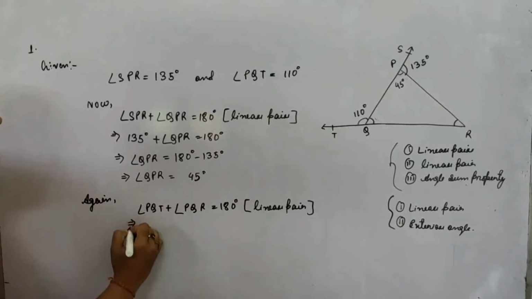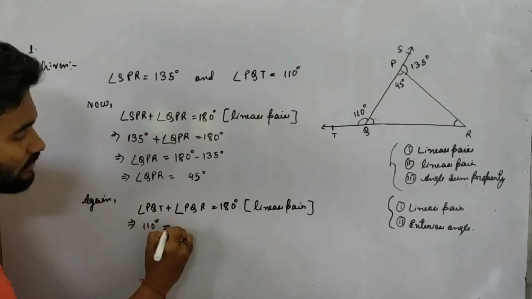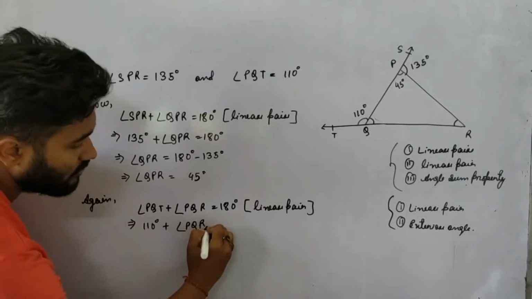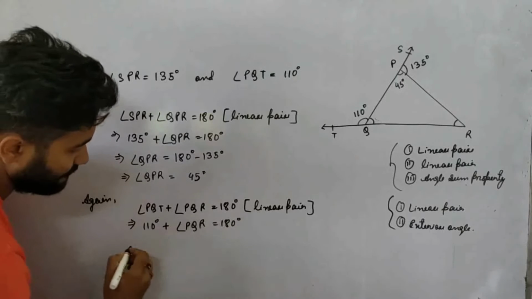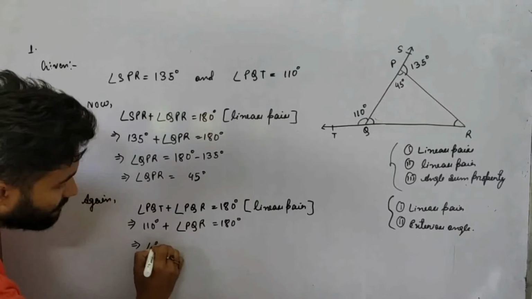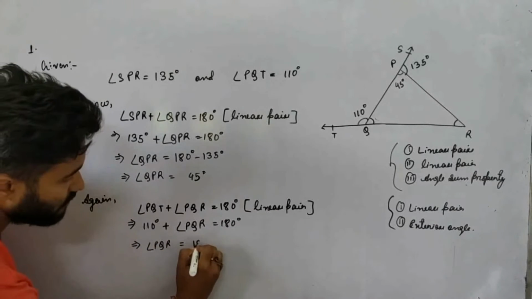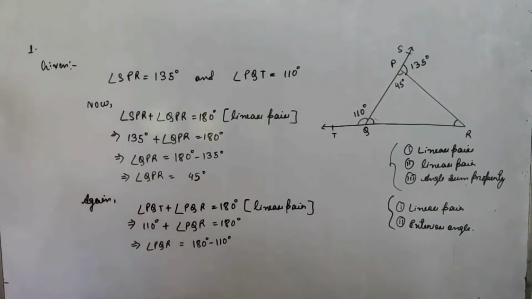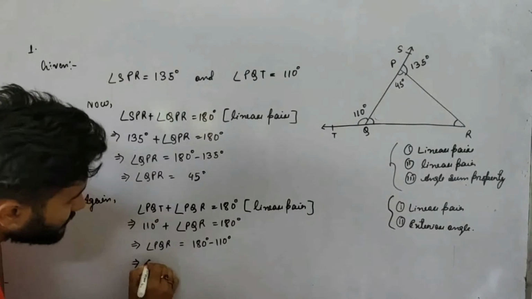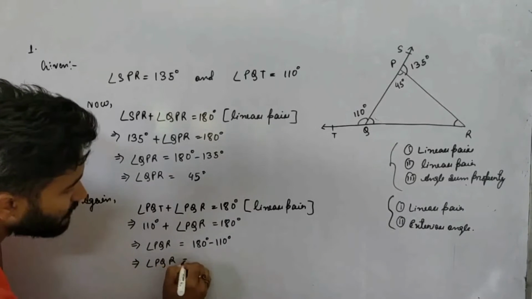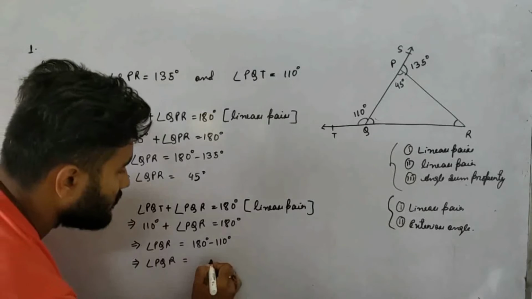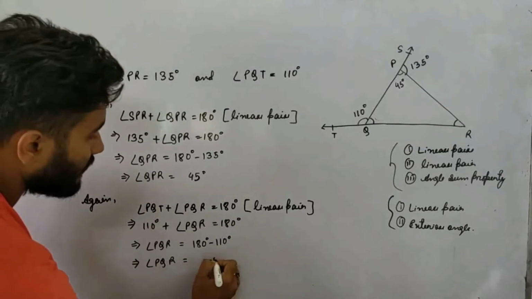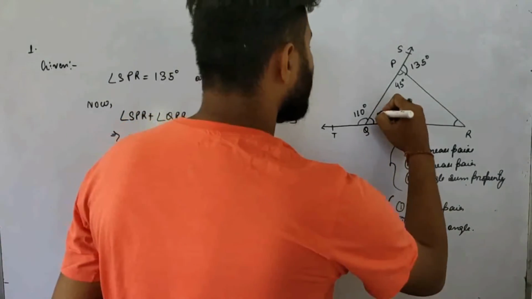So what is the value of PQT? 110 degrees plus the value of PQR, which we will find, will be equal to 180, which implies angle PQR will be equal to 180 minus 110. Done. So angle PQR will be equal to 70 degrees.